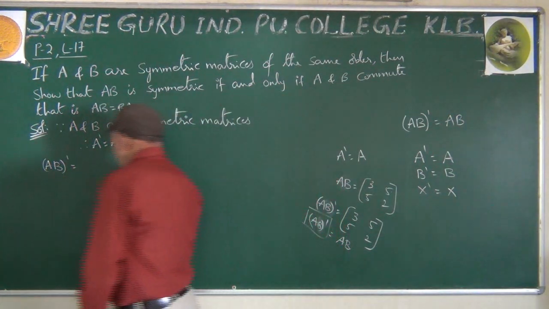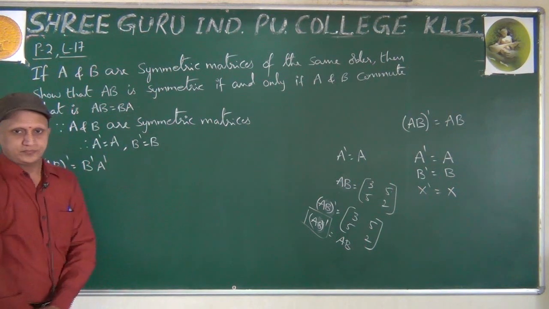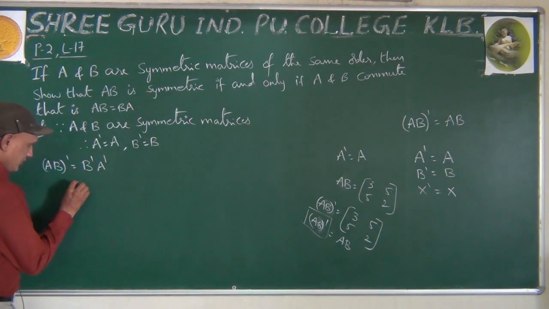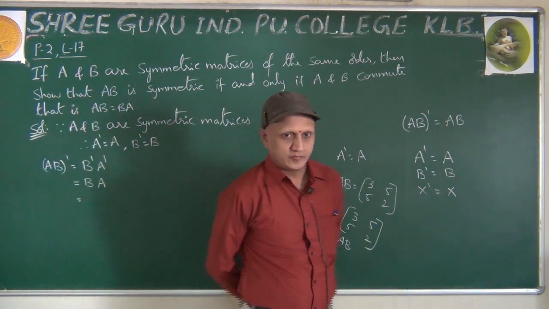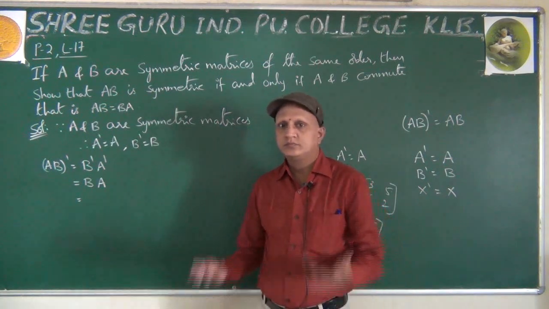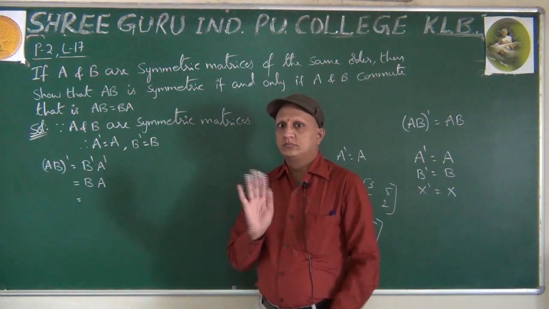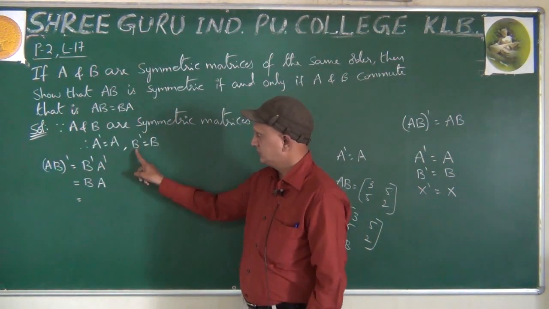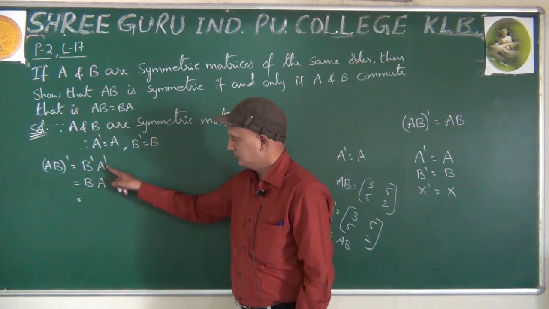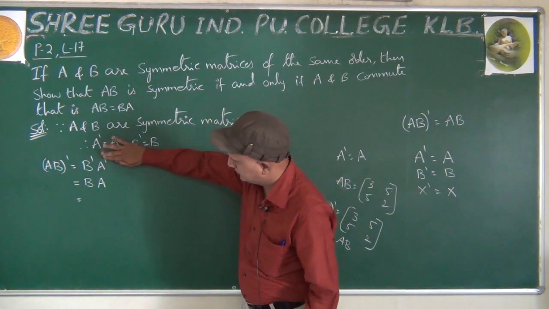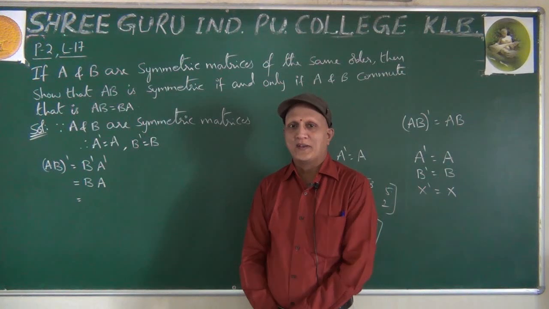Remember, AB whole dash equal to B dash A dash, this property.